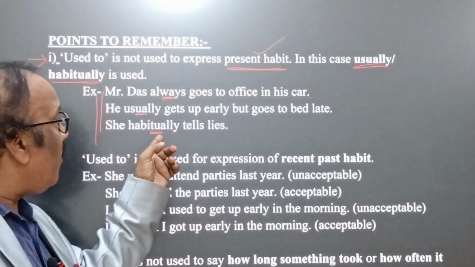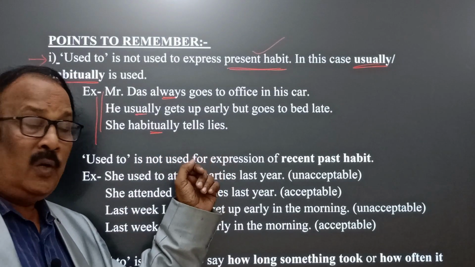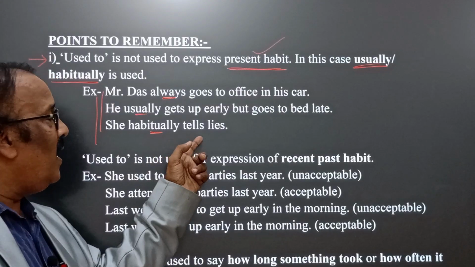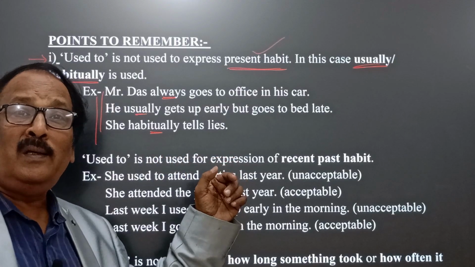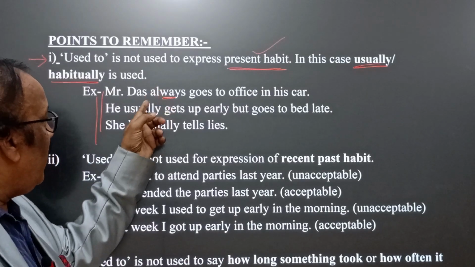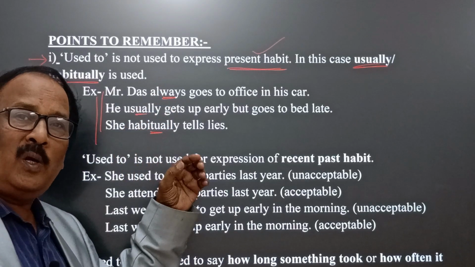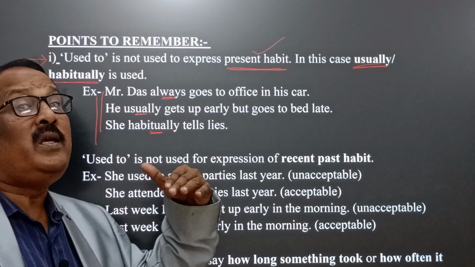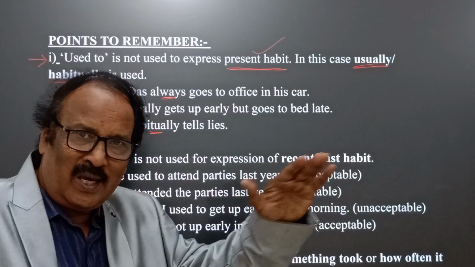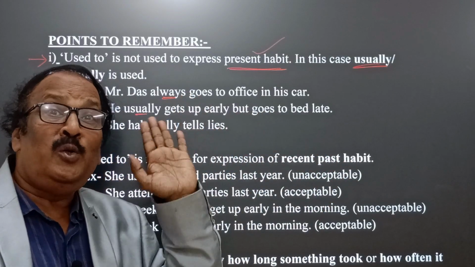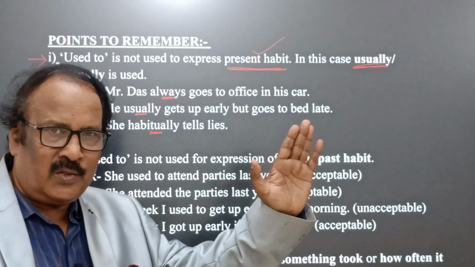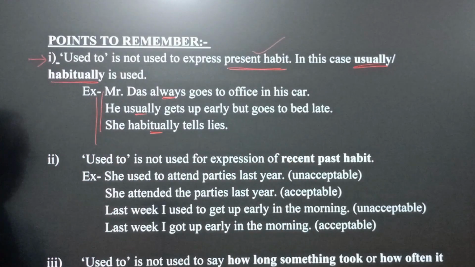Similarly, she habitually tells lies. We cannot write she uses to tell lies. It means she is a habitual liar. Through always, usually, habitually, the adverbs, we can express the present habit of a person. In this case, we shouldn't use uses to. Remember?